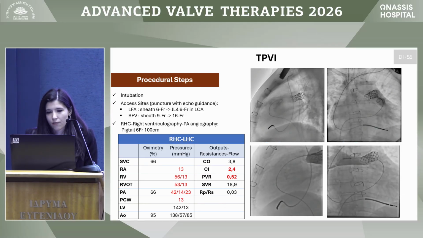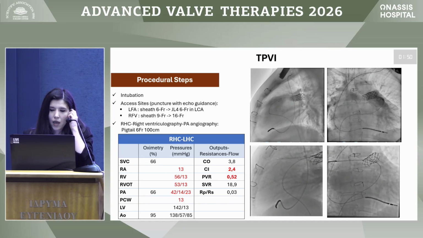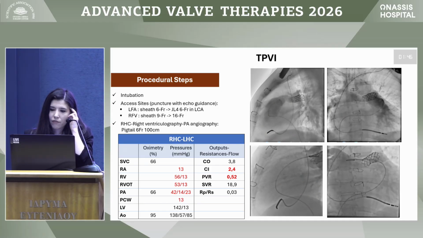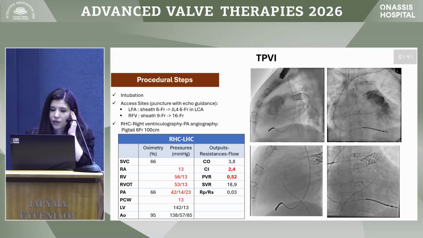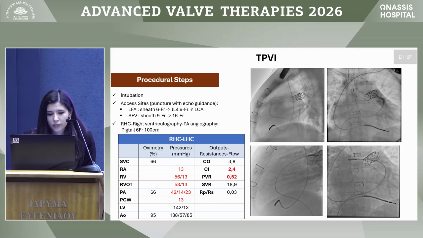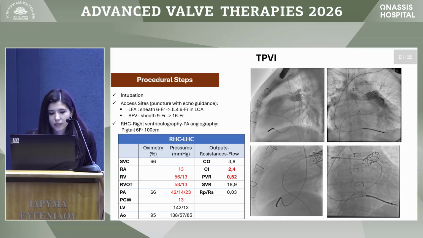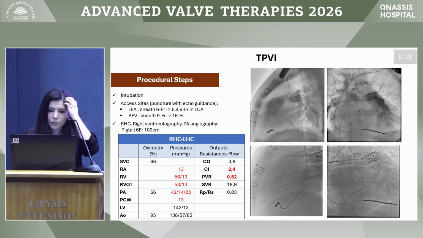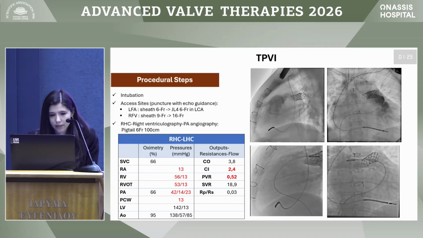Now you see from the ventriculography and the angiography before the procedure that we again have an impaired systolic function of the RV, and moderate to severe pulmonary regurgitation. The pressure in the RV is elevated, 56, and we have a gradient of about 10 millimeters between RV and PA, meaning that the stenosis is mild.